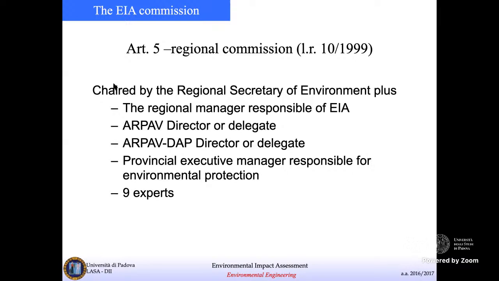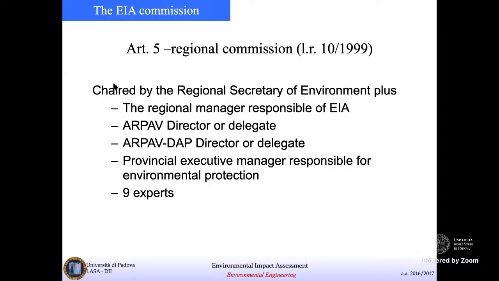There will be some guidelines on which projects shall undergo national or regional procedures. I can anticipate that regional procedures are reserved to projects that have only a regional relevance, so projects that will not impact on more than one region. If a project will impact on more than one region, it is very likely that it shall undergo a national environmental impact assessment procedure.